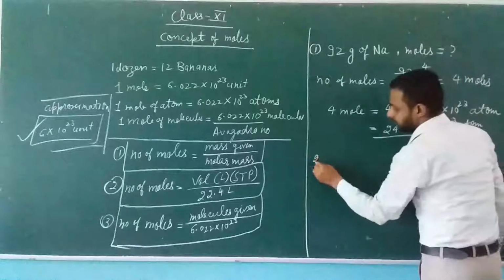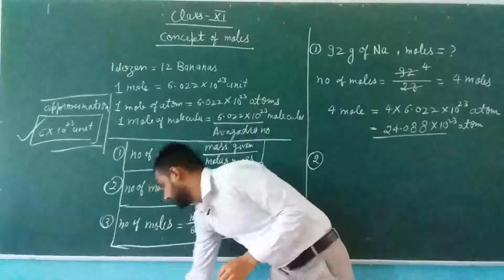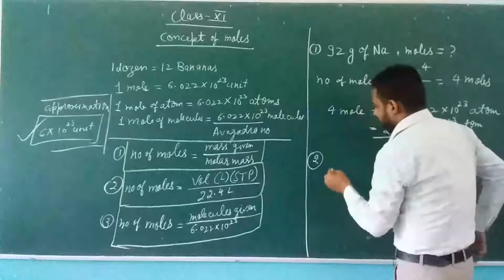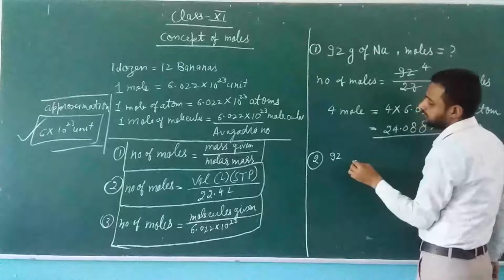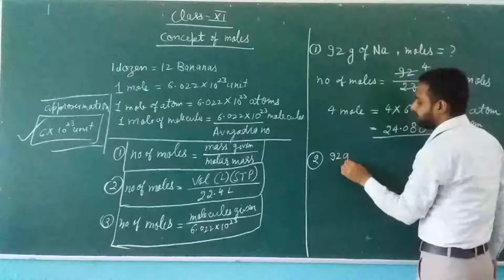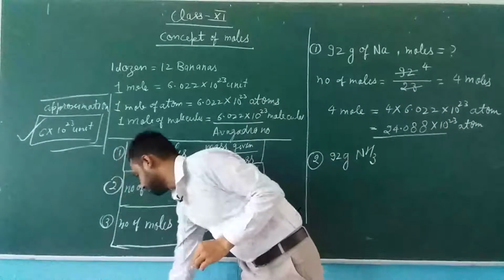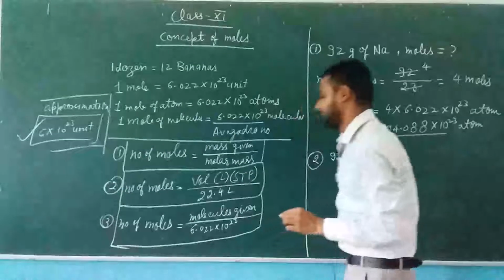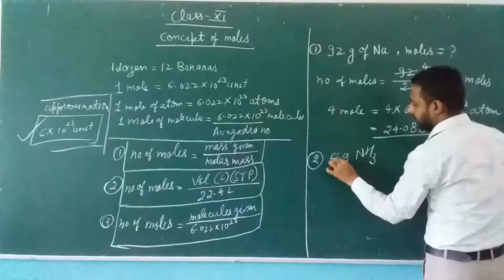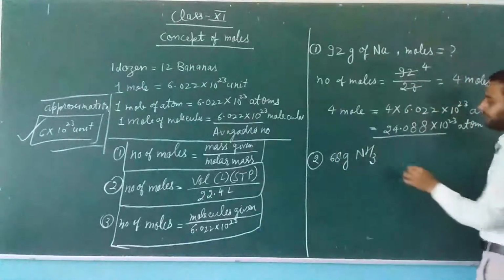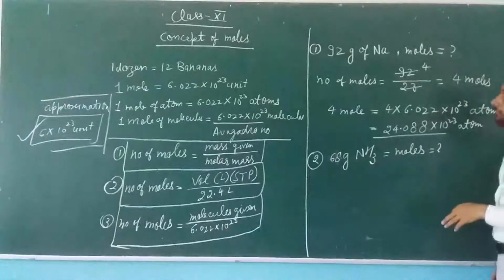And the next question is, if we have 68 gram of ammonia, then find out the number of moles and also find out the number of atoms present in it.